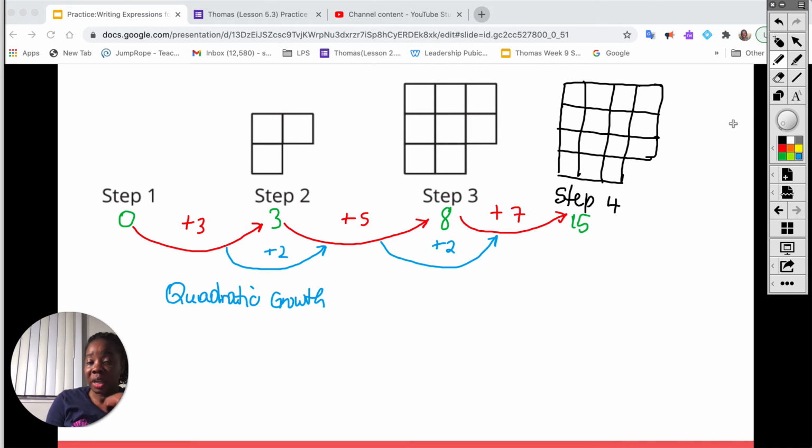So if I look at it, what's staying the same and what's different? If I think about it, what's staying the same? Each pattern loses a square. So I'm going to write that.